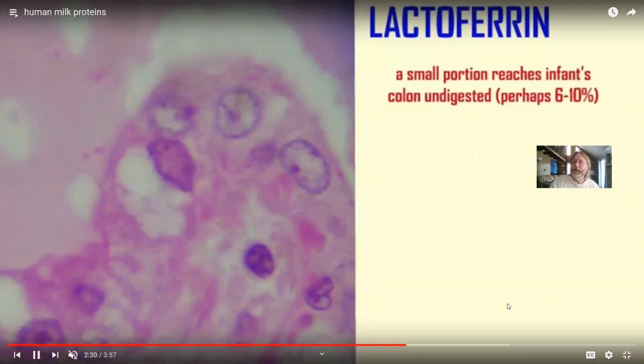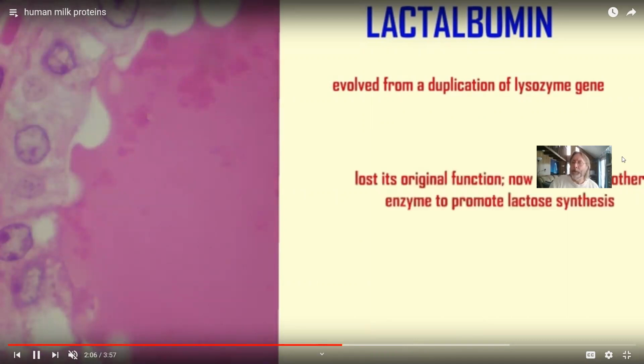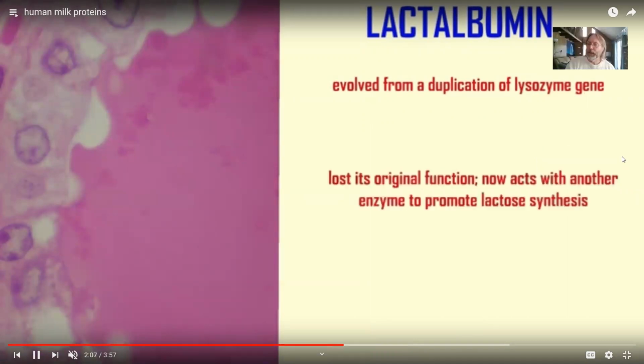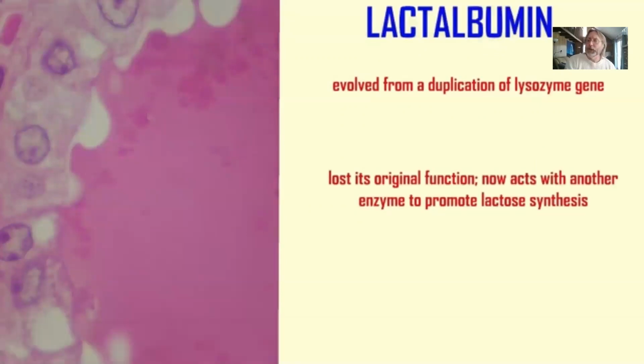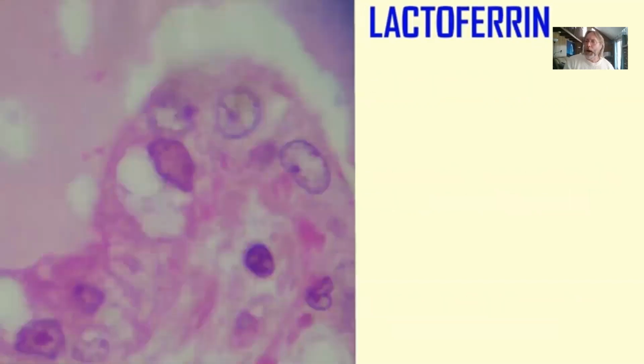Lactalbumin is a protein in milk. And interestingly, lactalbumin is a modification of a gene which does something different. So once again, mammary glands evolved from other glands.